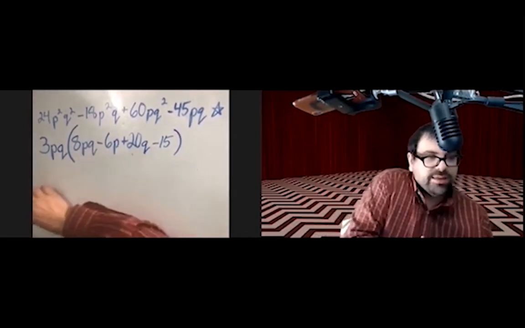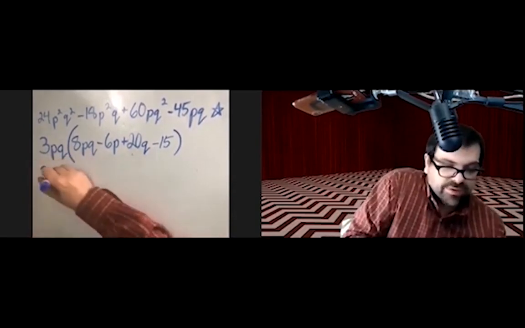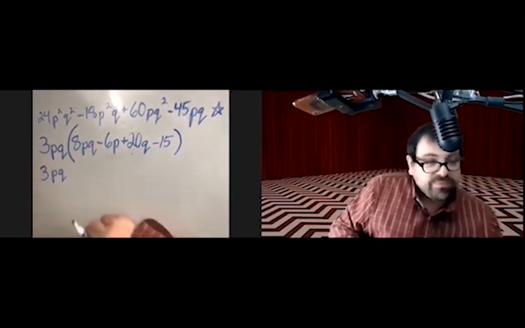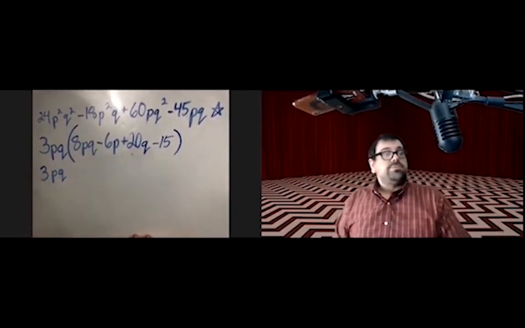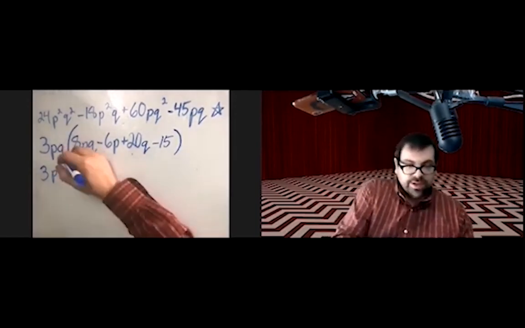So don't forget that you have this 3pq. It's going to be out in front of every step from here to the end, all the way up to and including our answer.